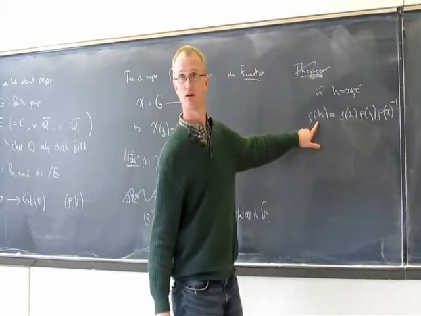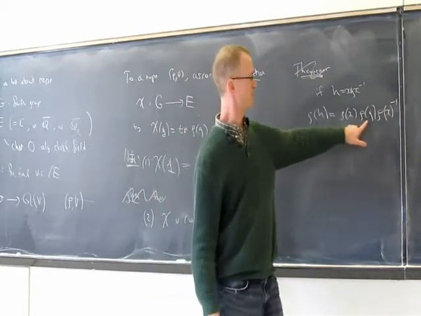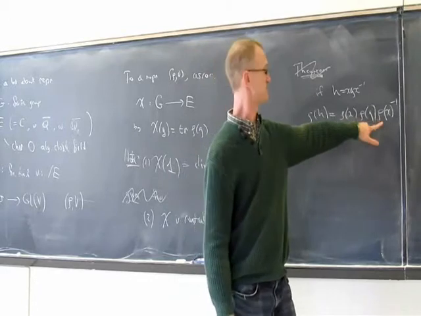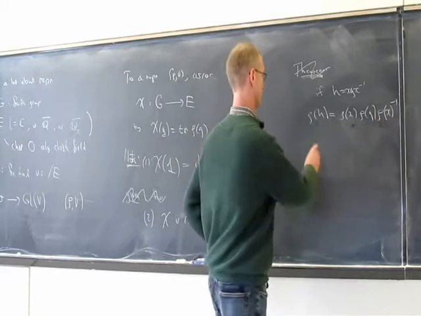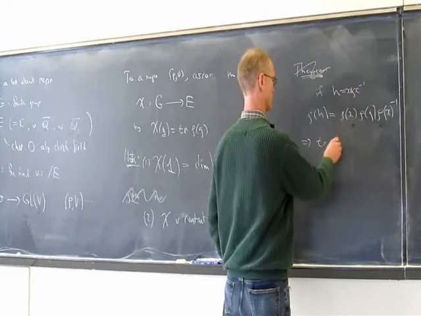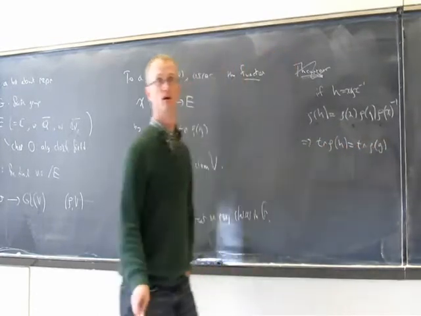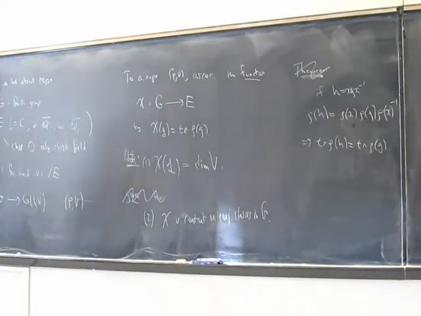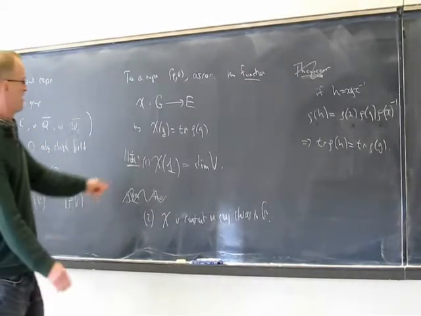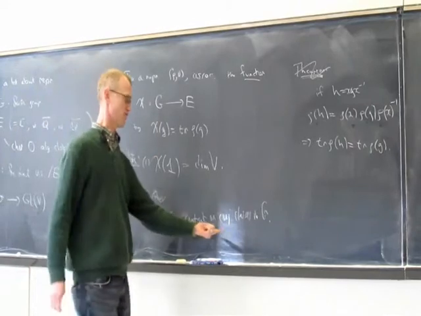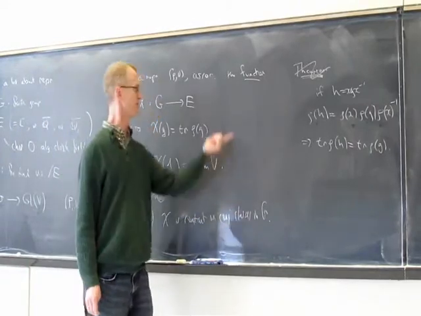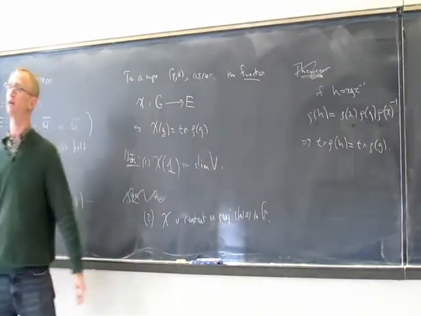So the matrix rho of H is obtained by conjugating the matrix rho of G by some invertible matrix. So the trace of rho of H is the trace of rho of G. So the characters of representations are what's called class functions on G. They're functions that are constant on the conjugacy classes.